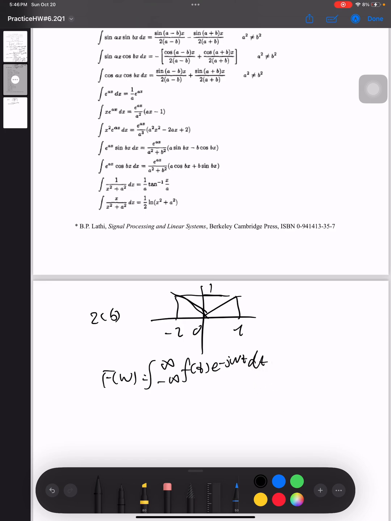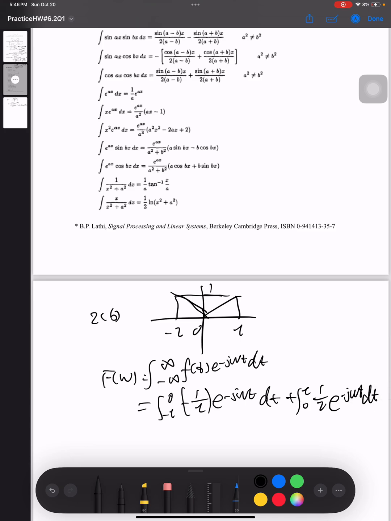This includes two pieces: from minus tau to 0, negative 1 over tau times t e^(-j omega t) dt, plus from 0 to tau, 1 over tau times t e^(-j omega t) dt.